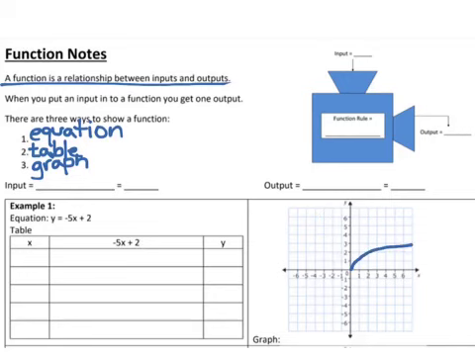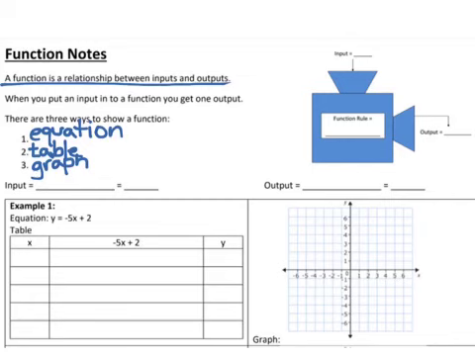Some even look like that. And we'll learn about all those this year. So those are the three different ways to show a function. And we're going to be able to see in example 1 that we can take an equation, find values for the table, and then be able to plot it on a graph.